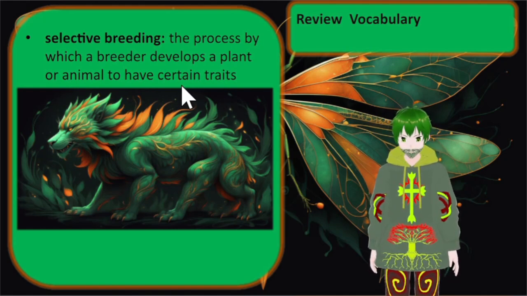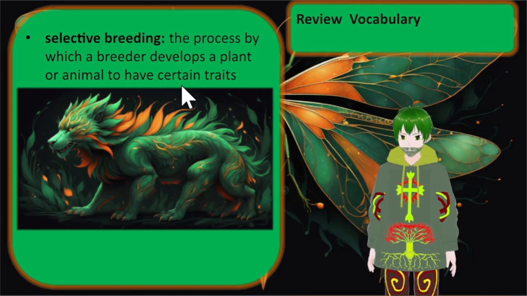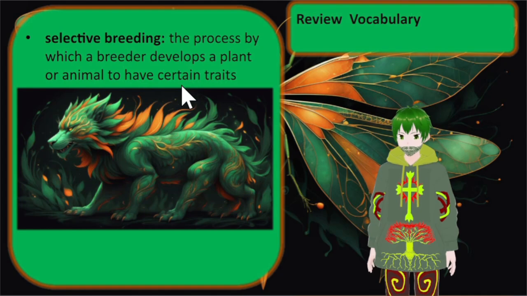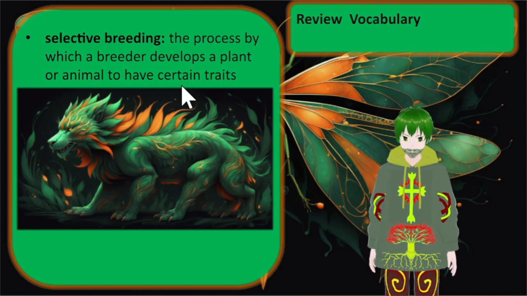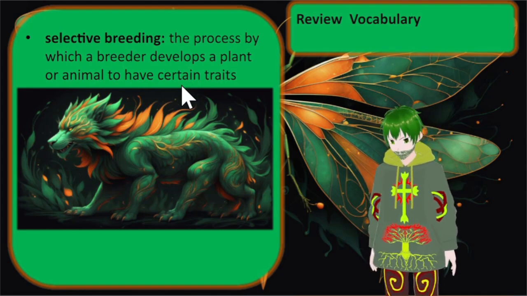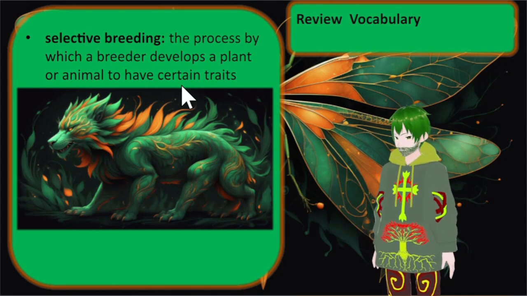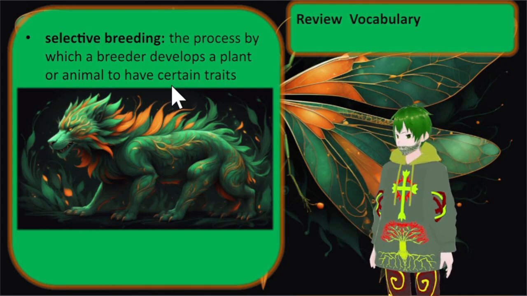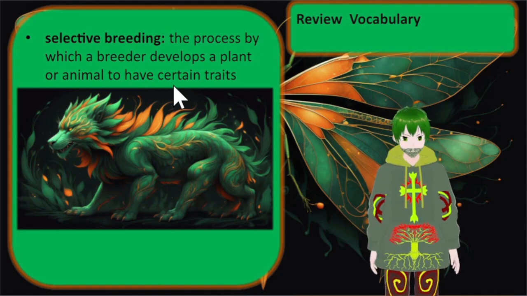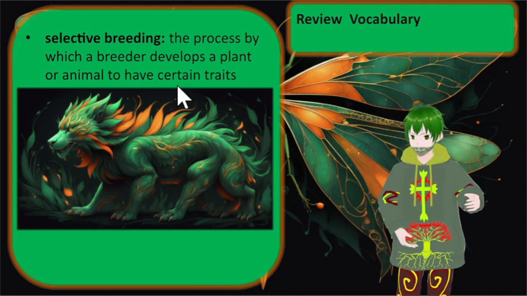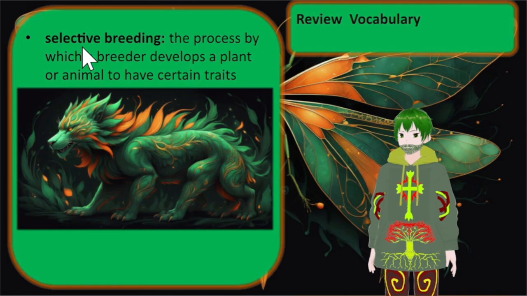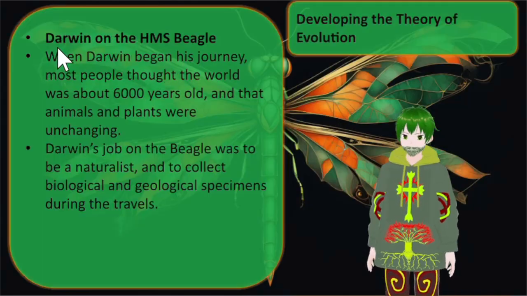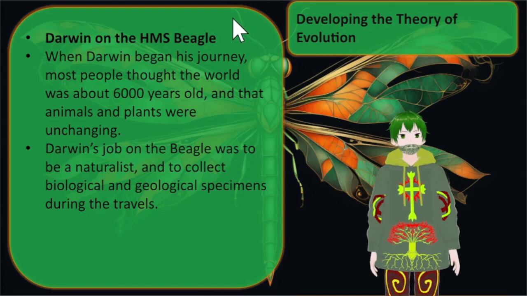So if I have a cow and it has a brown coat, and I like that brown coat and I want more cows to have brown coats, well, then I selectively breed for the trait brown coat. Or if I have, say, a dog that's particularly intelligent, like a poodle, and I want to pass on that intelligence, then I continue to select for intelligence in my animal's offspring and selectively breed those. And so I can funnel down breeding by selection, by me as the breeder selecting for a trait.